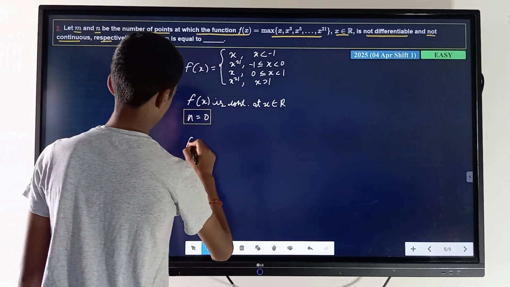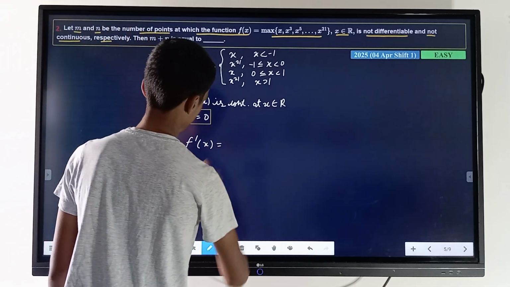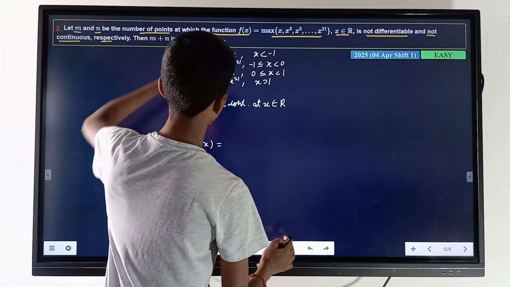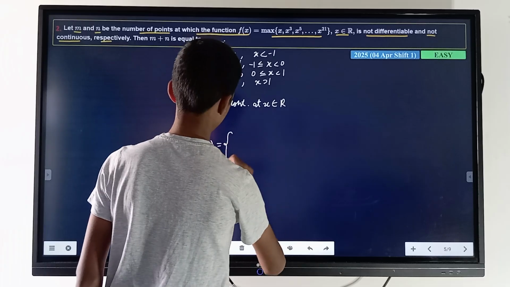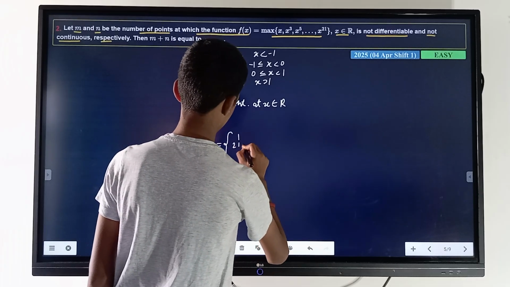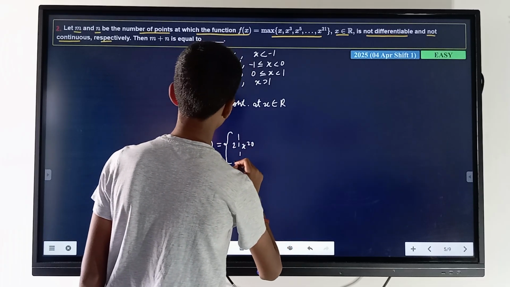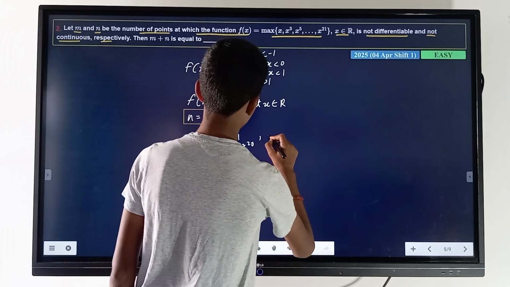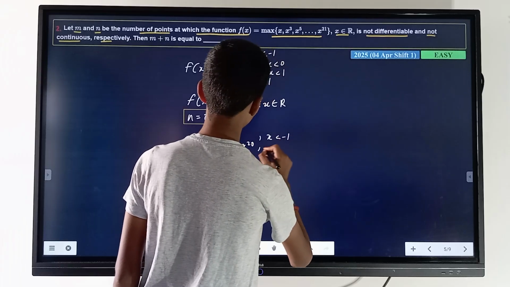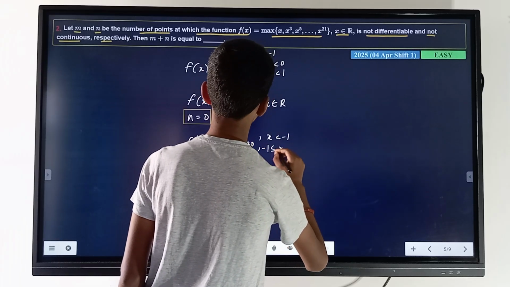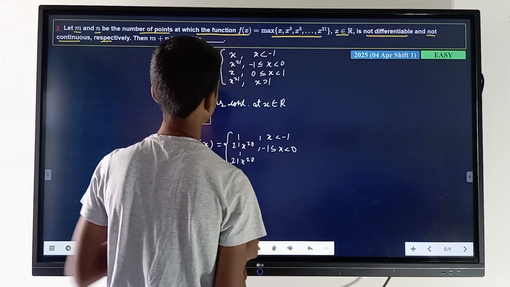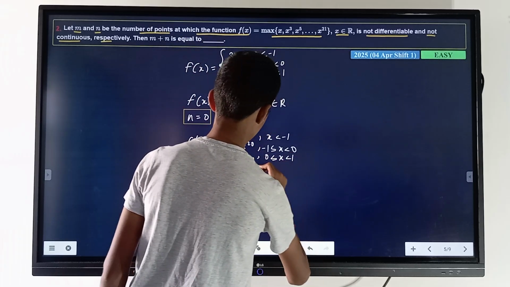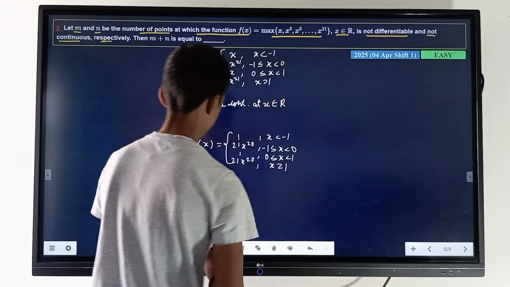Now let's find f dash x. F dash x is equal to, let's take derivative of all the pieces. This will be 1, 21x^20, 1 and 21x^20, for x less than minus 1, minus 1 less than or equal to x less than 0, 0 less than or equal to x less than 1, x greater than or equal to 1.